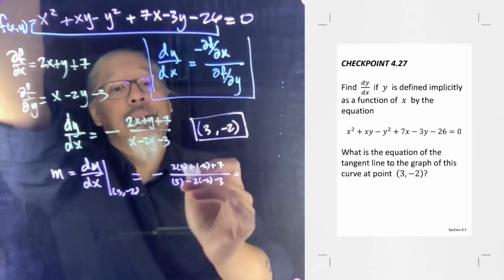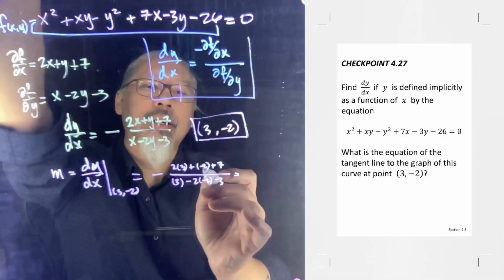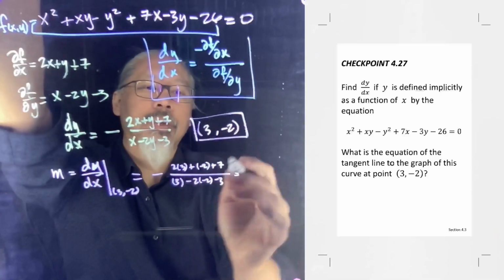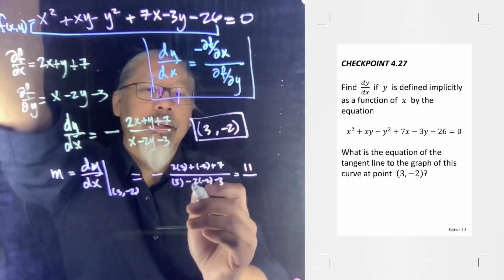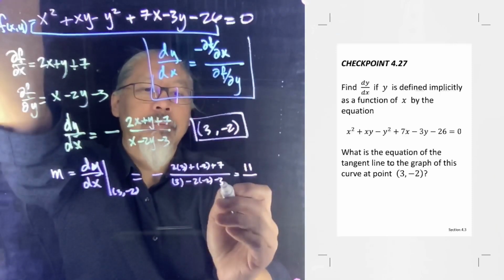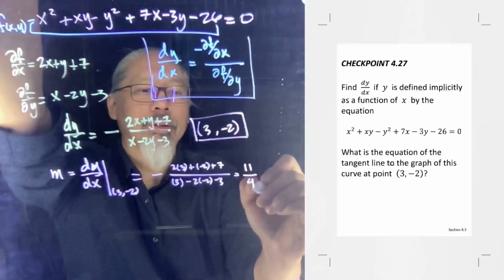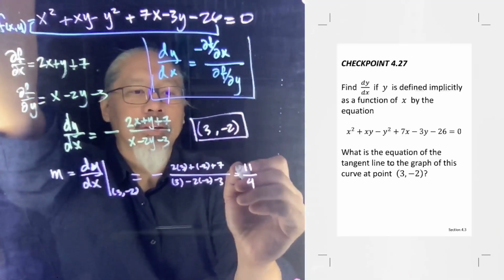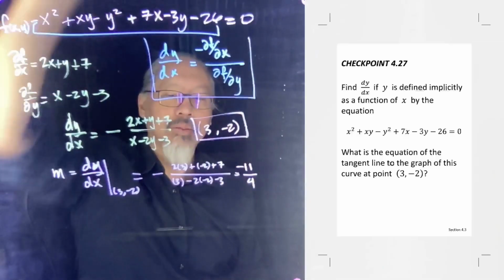And what do we get? We're going to get 6. 6 minus 2 is 4, plus 7 is 11, divided by, and then here we have a 3, minus 3 is 0, so that leaves a middle term, positive 4. And a negative sign in front keeps that all negative, so negative 11/4.